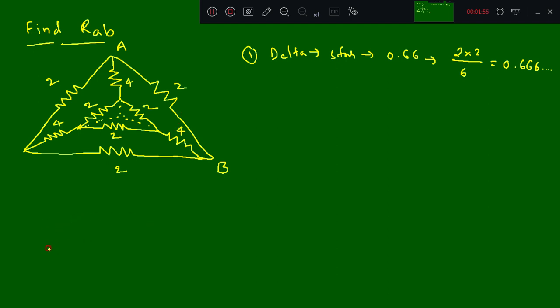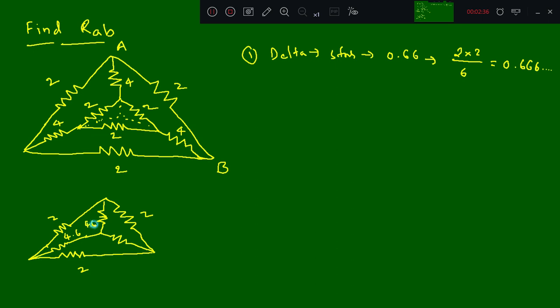That will reduce to like this. So this is 2, 2, 2, and this value will be 4.6, 4.6.